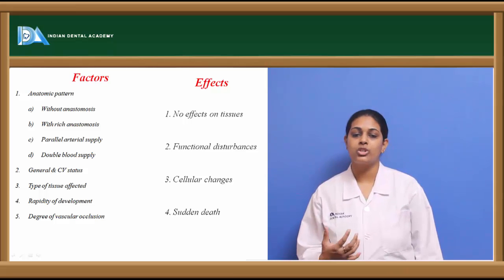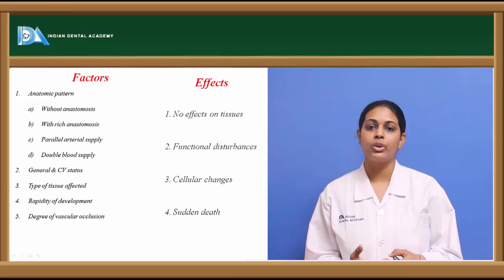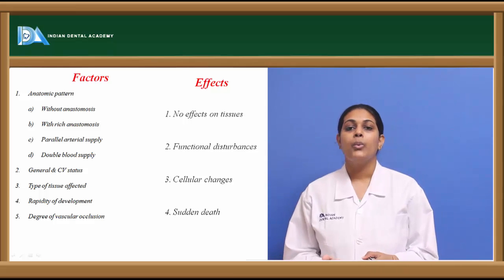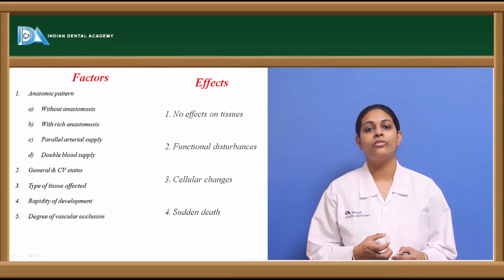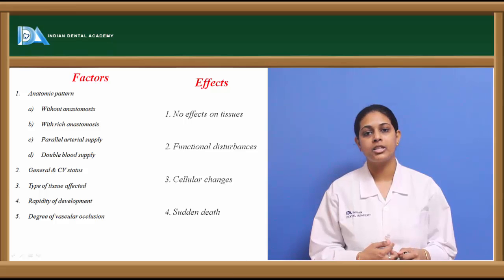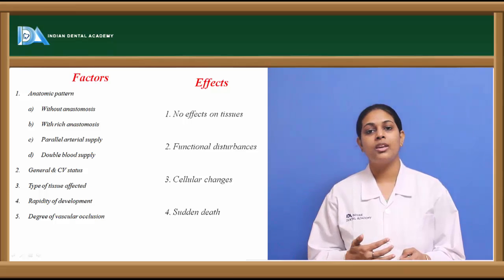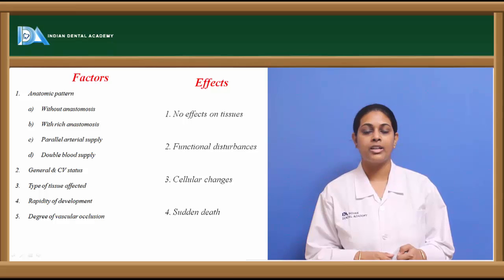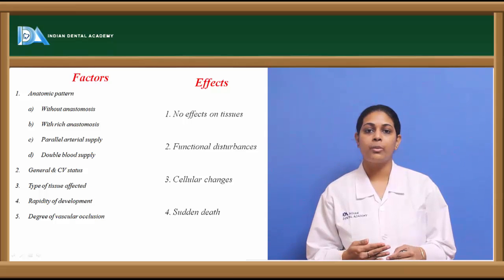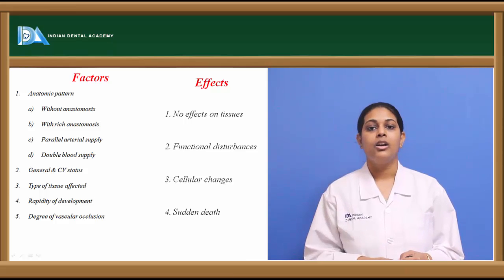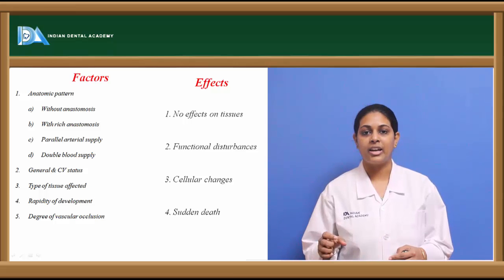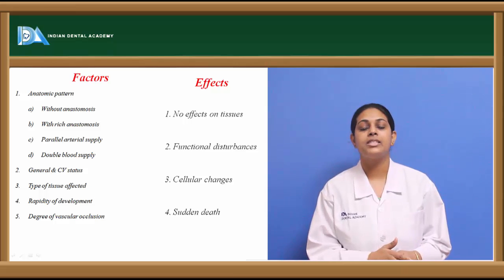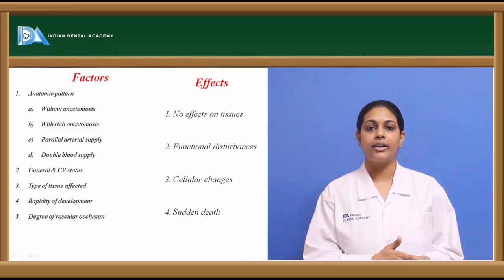Suppose it is a single arterial system with rich anastomosis. We see that a blockage in one of the arterial systems might be compensated by anastomosis with the other minute arterial branches, and this loss of blood can be compensated with the blood from the main arterial branch.